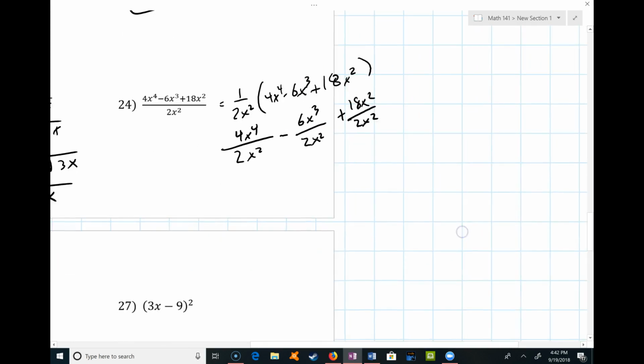And when I write it like that, it's pretty easy to simplify each one of these terms, right? So that would just be 2x squared. That would be minus 3x, and that would be plus 9. That's pretty sweet.